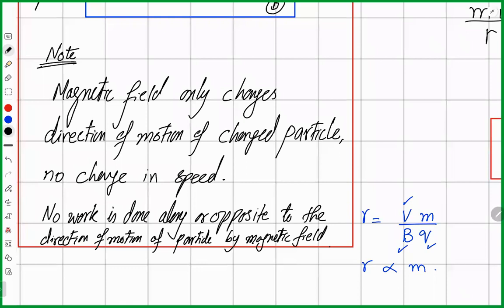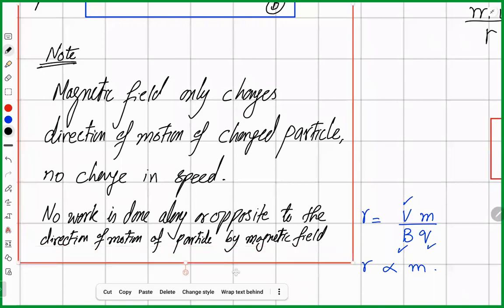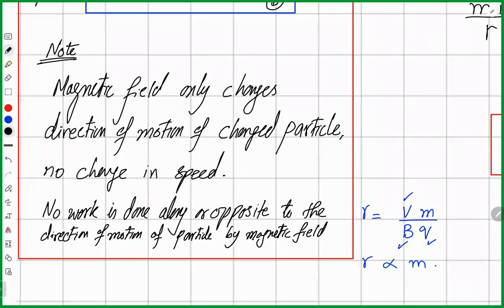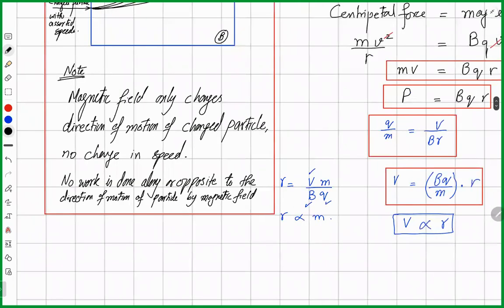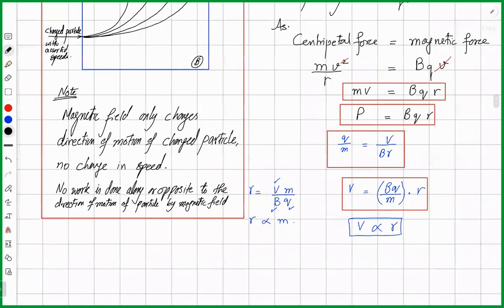The magnetic field is not exerting any force along or opposite to the direction of motion. That's why speed is not supposed to increase or decrease. And only a particular speed can come out.